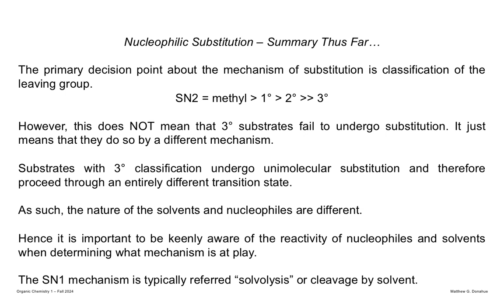So I do want to introduce SN1 today because it relates to this rate trend for SN2, where we talked about tertiary substrates don't react by SN2, but they will do substitutions by SN1.